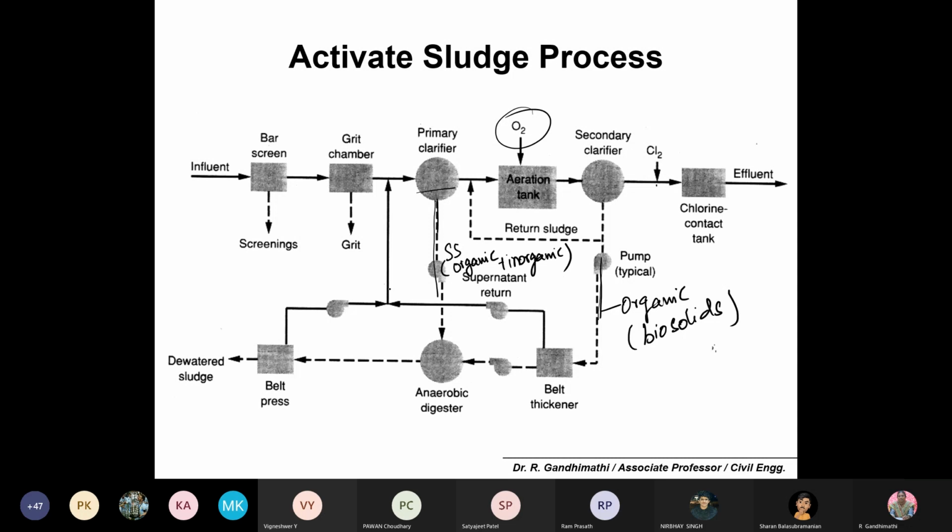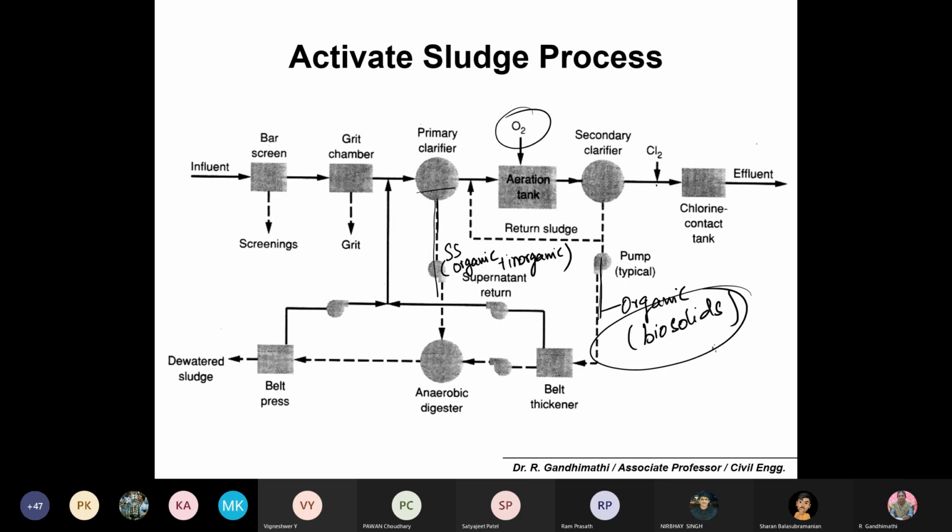Then we have to remove the sludge, because it's like a solid matter. Therefore, we have to dispose of it properly, because the sludge from the secondary clarifier is completely biosolids. That should be taken care of. Therefore, initially you have to pass the sludge into the sludge thickener. Because the sludge you are getting from the primary clarifier as well as from the SST is with moisture content.